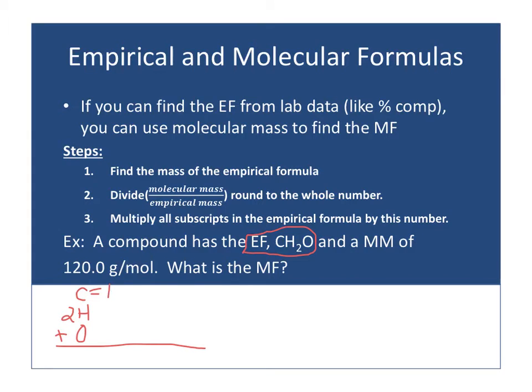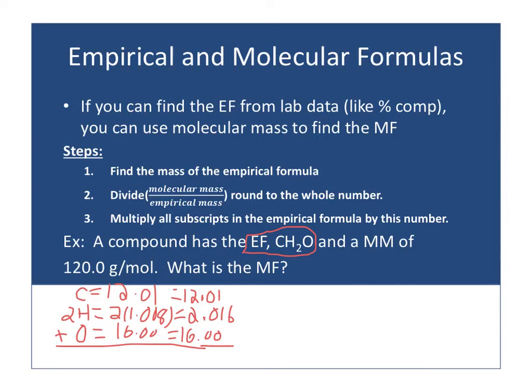Well, according to my periodic table, C is 12.01. 2 H's is 2 times 1.008, which is 2.016. And an O is 16.00. So let me carry over that oxygen. Let me carry over that carbon.